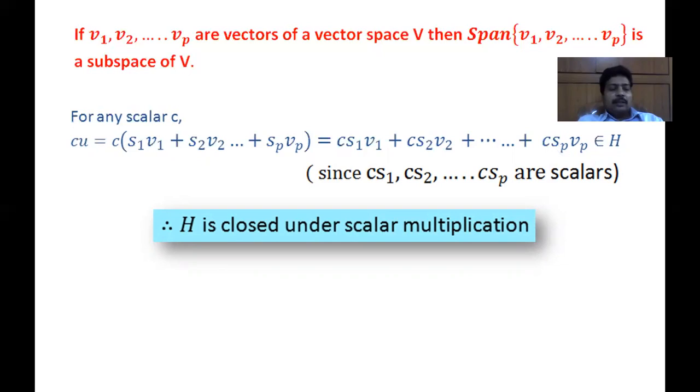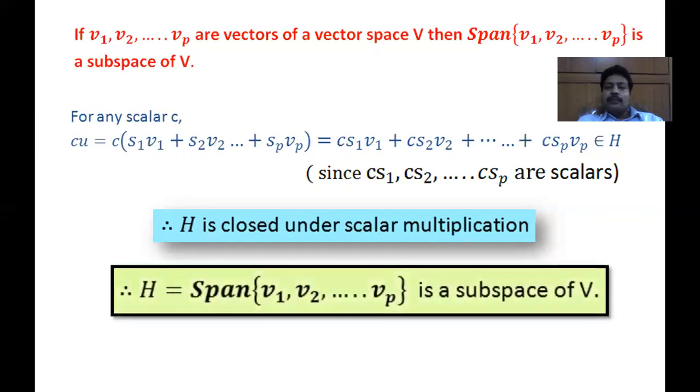So we have proved all the three cases for these finite vectors v1, v2, vp also. So we can conclude that span of v1, v2 and so on, vp is a subspace of V. So now we got a new way to prove a set is a subspace. It is enough to show that it is the span of some vectors.